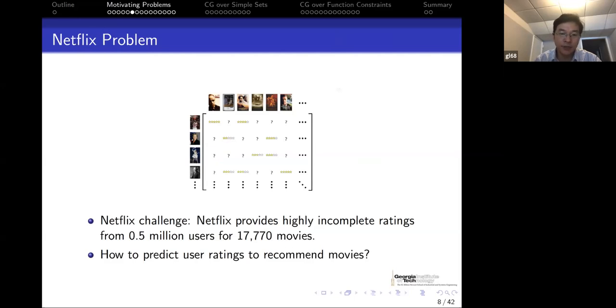So Netflix would like to complete these ratings so that they can recommend movies to users. The challenge that they posed at that time had 0.5 million users and more than 17,000 movies. They want to predict user ratings so that they can recommend movies. As you can see from this picture, the question mark means there's no rating.